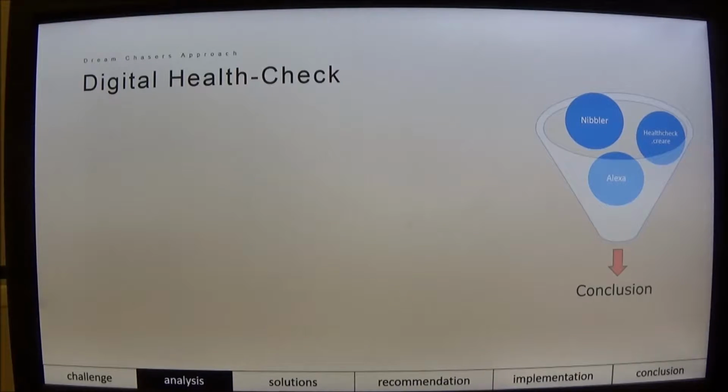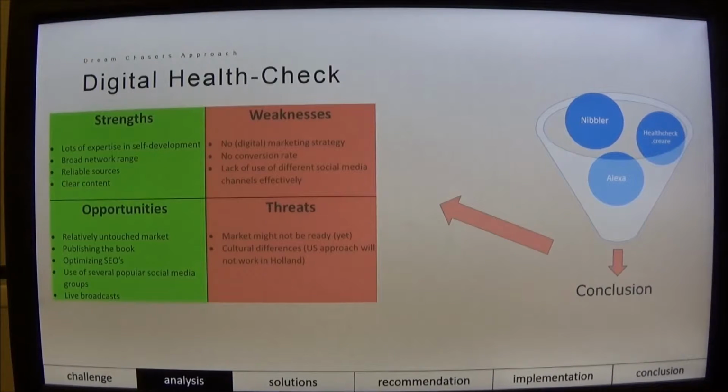Based on the conclusions the websites gave me, I could come up with the strengths, weaknesses, and external factors as well. So what I saw is that they have a lot of expertise. The company does know what they are talking about, only they don't have any strategy to bring it out there in the market. So the content is there, but it isn't being spread out online effectively.